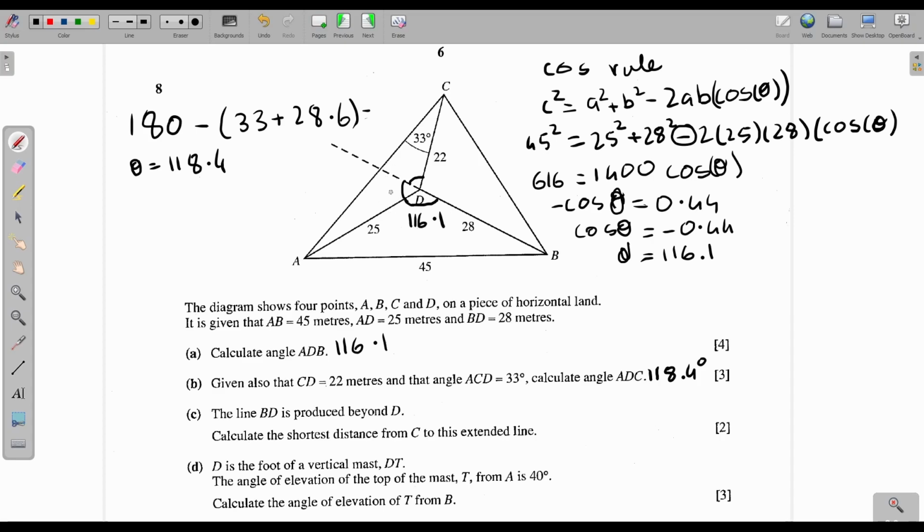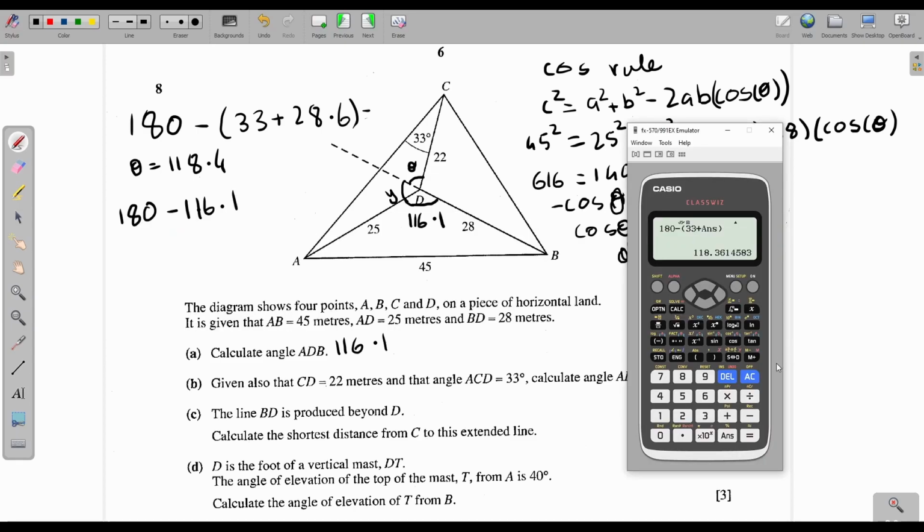So 116 plus whatever this is, I'm going to call this y, is equal to 180. And then this is going to be theta, which we need again. So let's do 180 minus 116.1. And I'll use my calculator again. 180 minus 116.1 gives us 63.9.